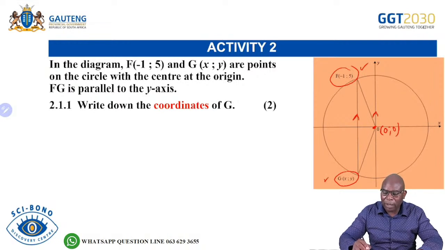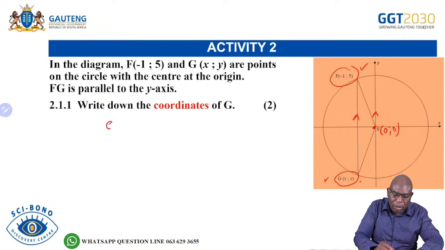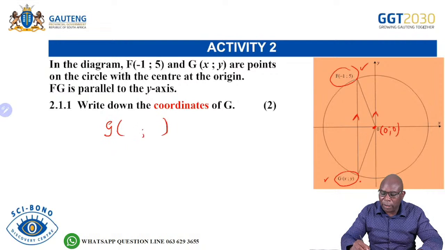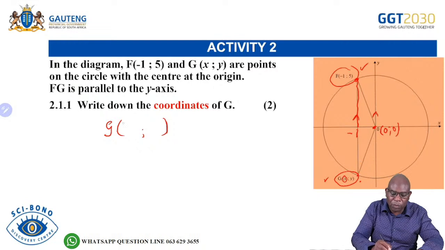So if I've got -1 and 5, and this line is parallel to that, the coordinates of G will simply be, there I have a -1, so that point here is -1, so the X value of the G point will also be negative.